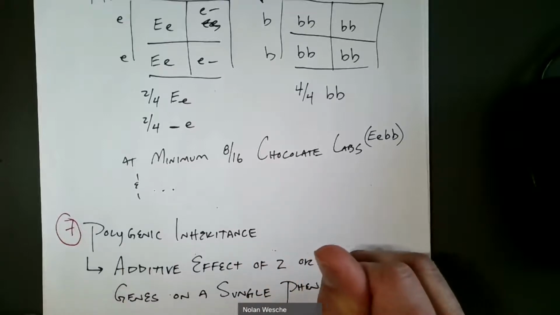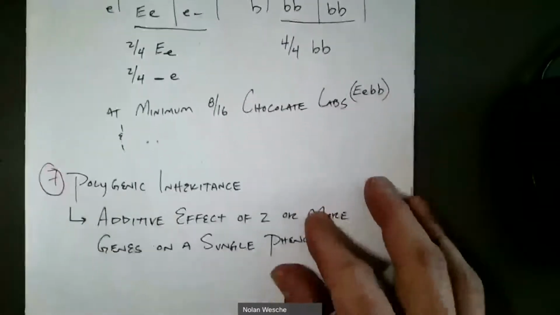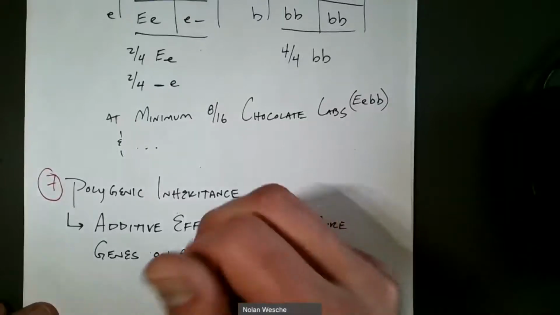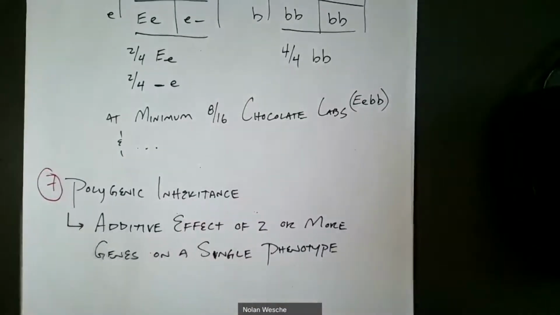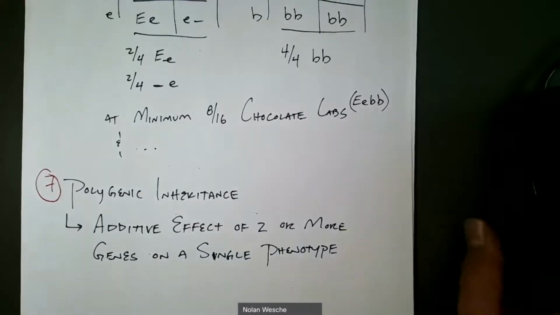So we're getting an additive effect. These dominant alleles are compounding on one another. So the additive effect of two or more genes on a single phenotype. Let's look at an example to see if we can clear this up.